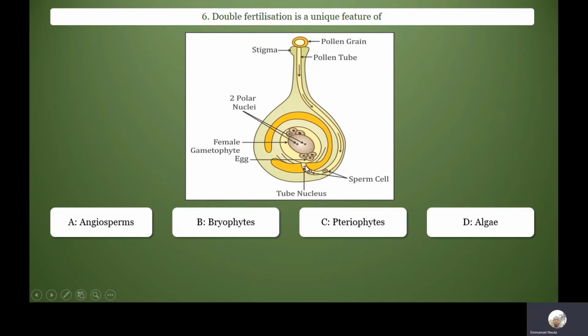One of the male gametes will fertilize the egg cell to form a zygote, while the other male gamete will fertilize the polar nuclei. This is the polar nuclei, to form the endosperm cell. So what happens here is called double fertilization. It occurs in flowering plants, angiosperms. So the correct option here is A.